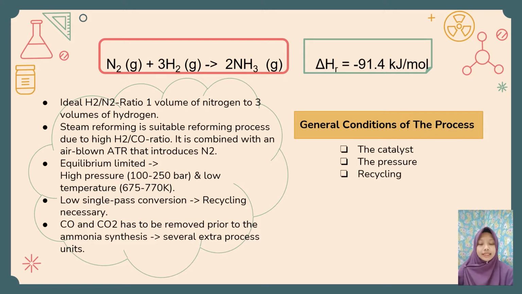There is low single pass conversion, which makes recycling necessary. And last, carbon monoxide and carbon dioxide have to be removed prior to the ammonia synthesis, which involves several extra process units.